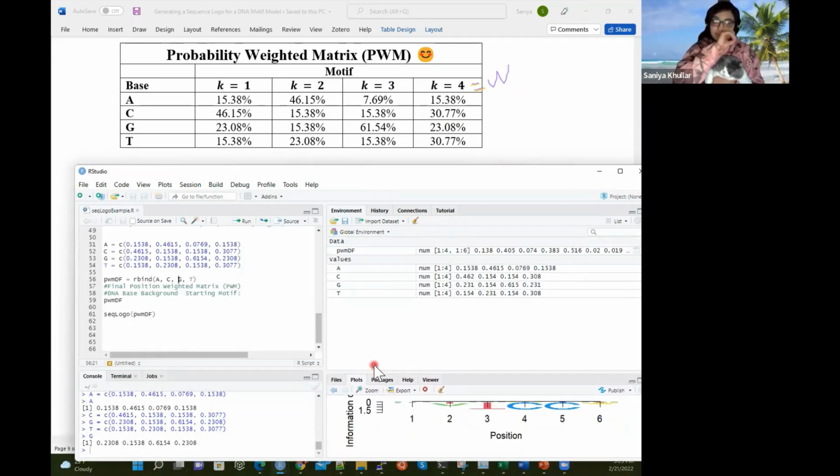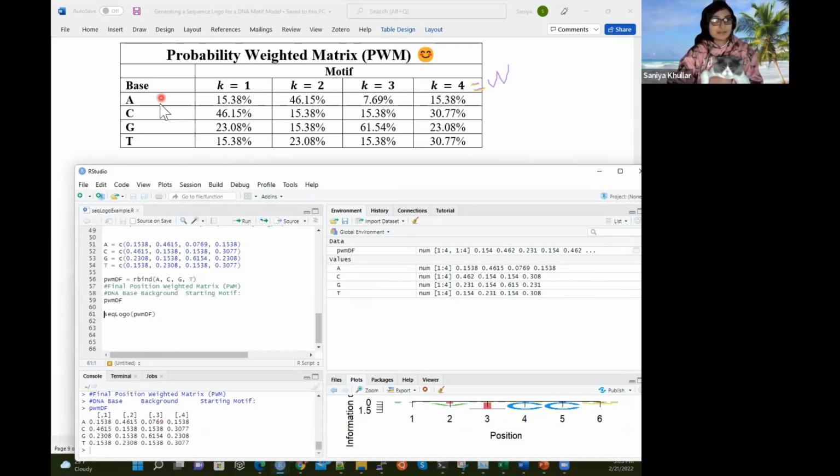We can see that these all, 1 to 4, as expected, map to these here. So we can load this into the probability weighted matrix. Again, it has to be a matrix. A, C, G, T are the row names, and the column names don't have anything.